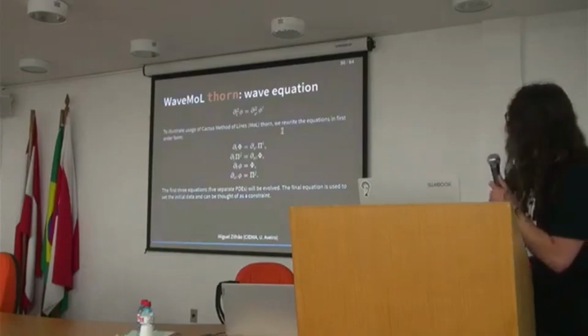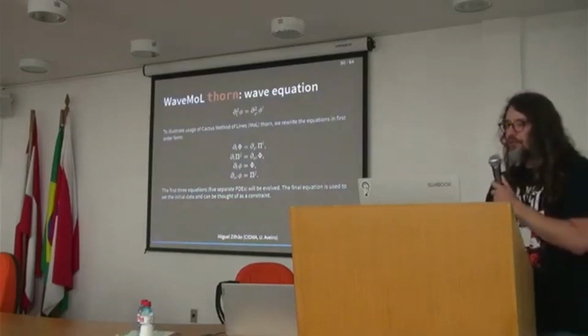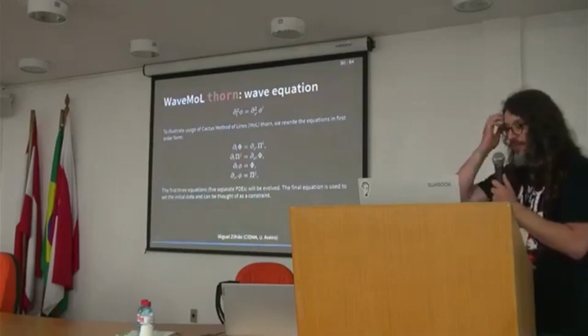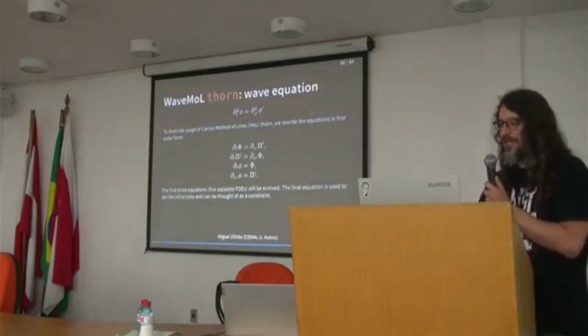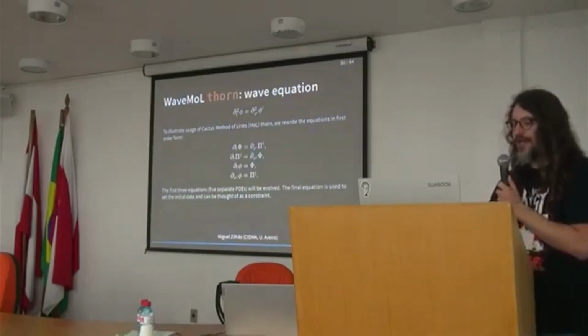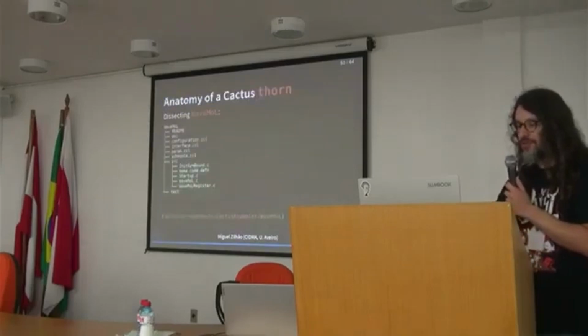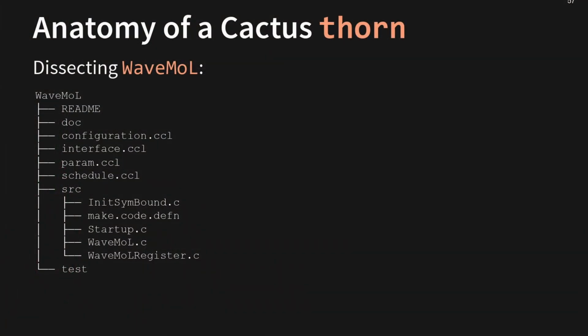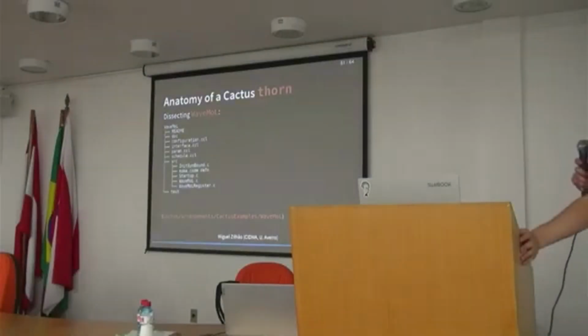Now, how do we go about implementing this in an actual Einstein Toolkit thorn? This is the basic anatomy of any Cactus thorn.